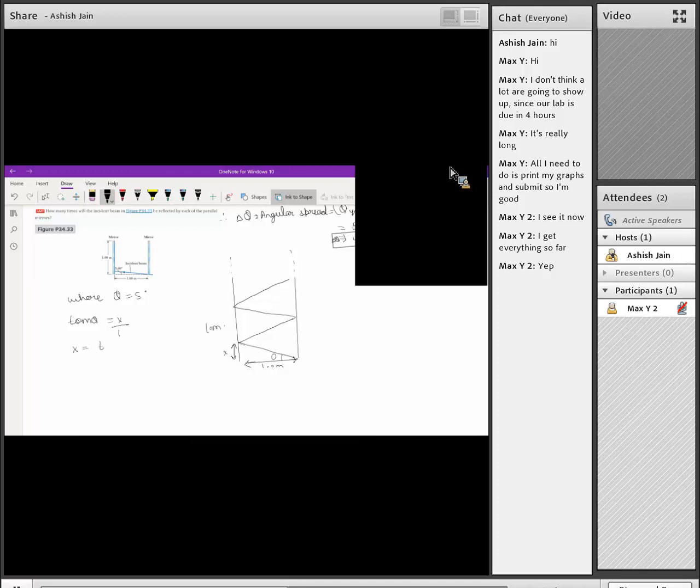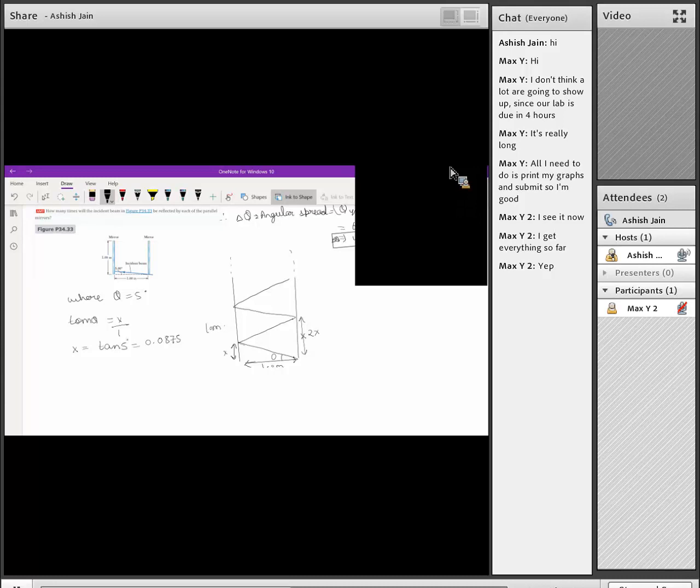Therefore, x is tan 5. How much was it? 0.0875. Therefore, this distance will be 2x.